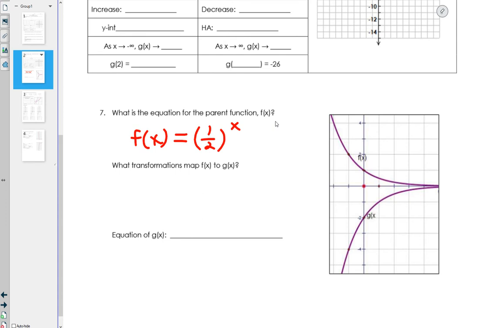Now, what transformations map these two together? Well, that's harder to do. We've done transformations before with parabolas. Parabolas are a little bit easier because most of the transformations you can tell by looking at the vertex. But exponential functions don't have a vertex. You see how they have these points here that are kind of highlighted?